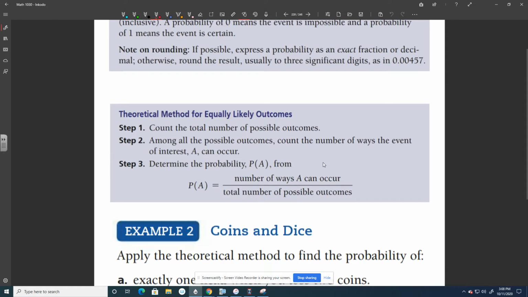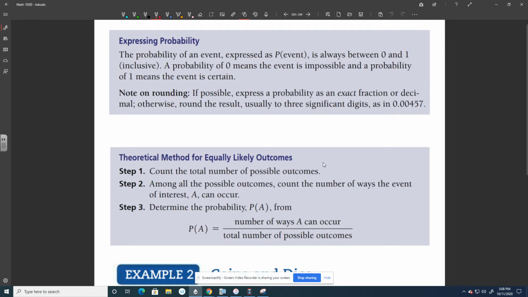All right, moving on. We usually express probability as a fraction or a decimal, and we try not to round if we don't have to. We try to get exact numbers if at all possible. But the way that you'll see this written a lot, the probability of an event is expressed as P and then event in parentheses.